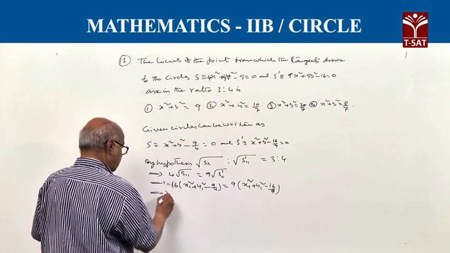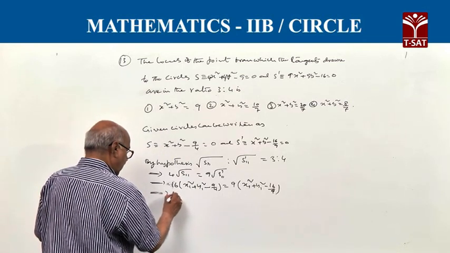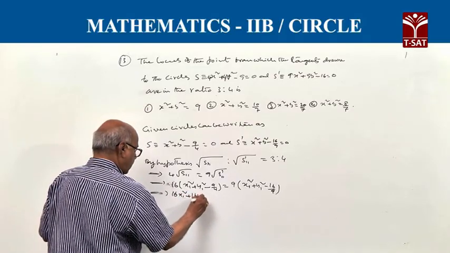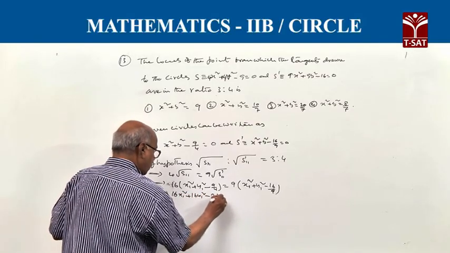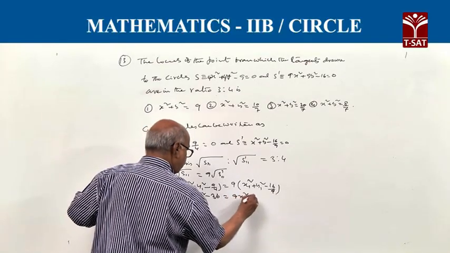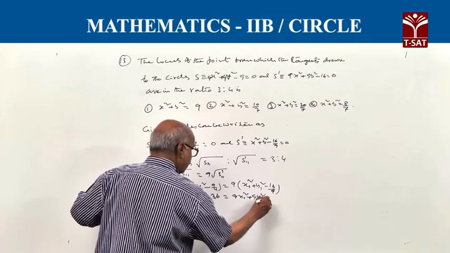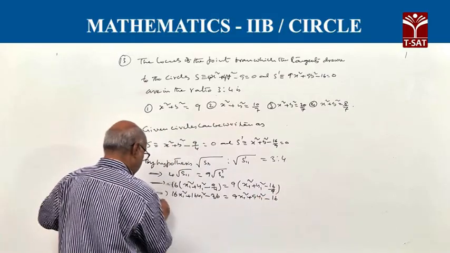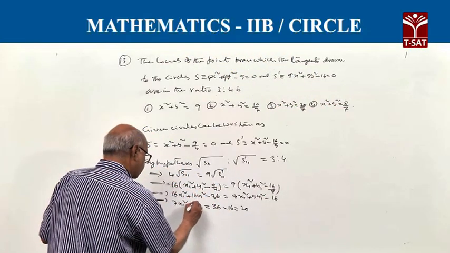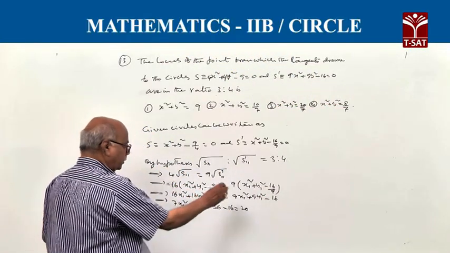So, that implies 16x1 square plus 16y1 square minus 36 is equal to 9x1 square plus 9y1 square minus 16, or that means 7x1 square plus 7y1 square is equal to 36 minus 16.